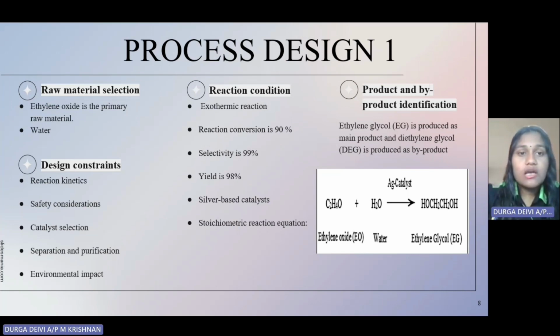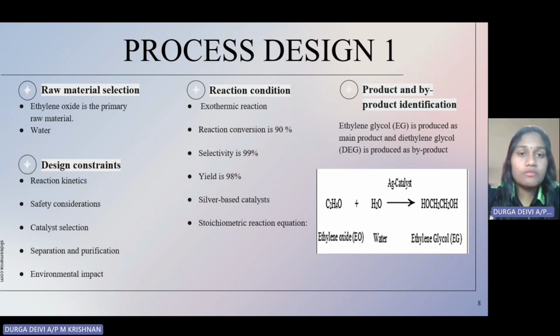Safety considerations are also vital as the process involves handling hazardous materials. The design must incorporate proper containment systems, safety measures, and process control to minimize the risk and ensure worker and environmental safety. The selection of an appropriate catalyst is another important design constraint.